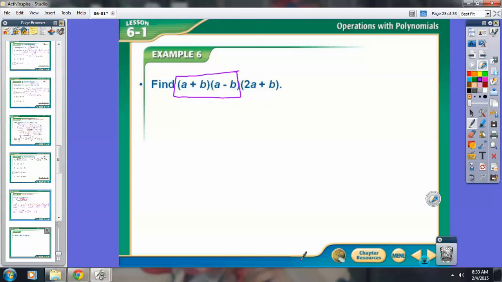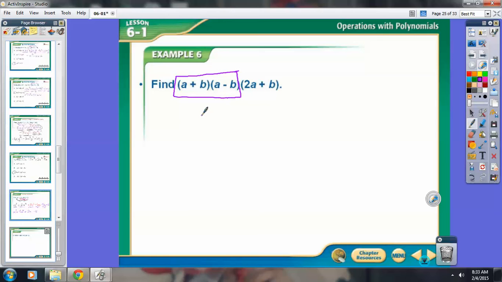I'll catch it up in just a second. Do you notice anything about the first 2 parentheses, Logan? They're conjugates. Do you remember our shortcut for multiplying 2 conjugates? First and last. Now, if they weren't conjugates, we'd have to distribute all the way through, correct? They just happen to be conjugates, so you can use that shortcut.